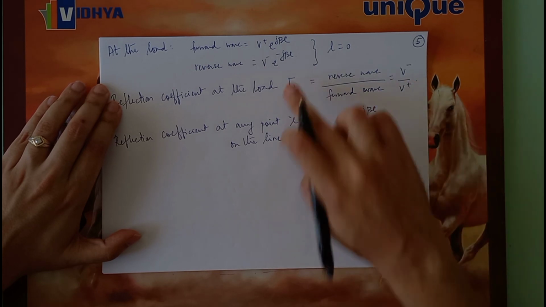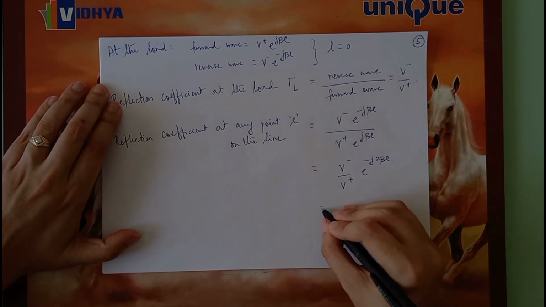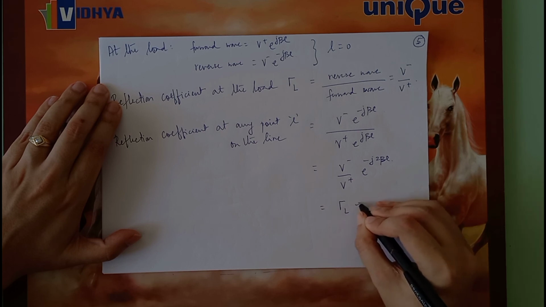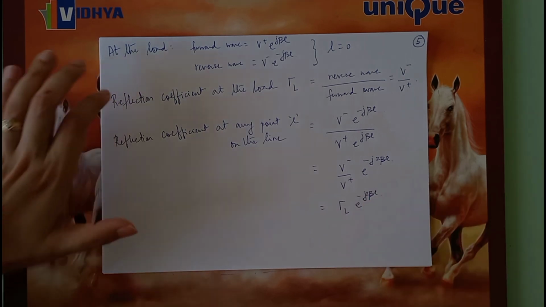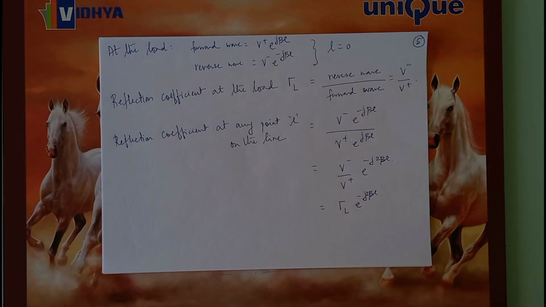This quantity is gamma L, that is the load reflection coefficient. So it is gamma L times e raised to minus 2j beta L.